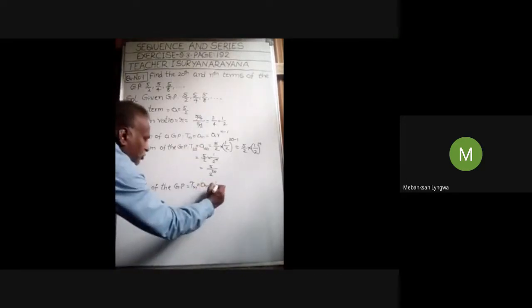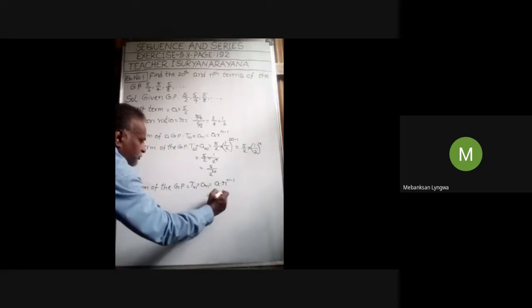Right. Now we have to find nth term. Nth term of the geometric progression, that is Tn or An. What is the formula? A into r to the power of n minus 1.